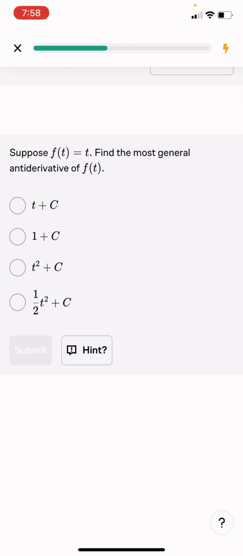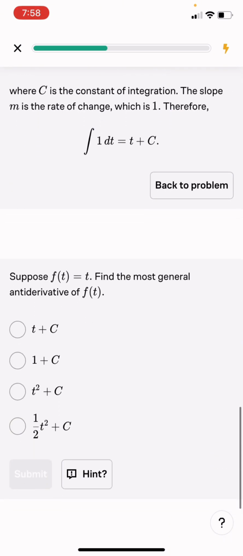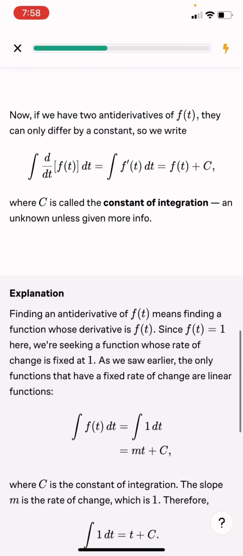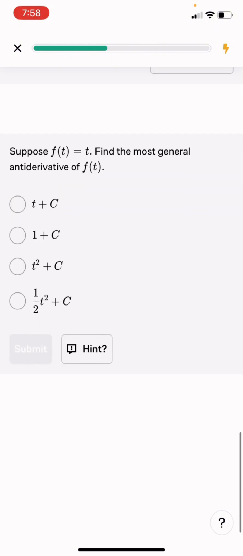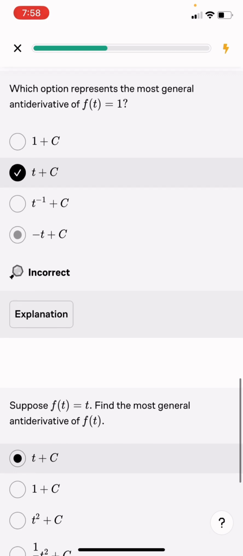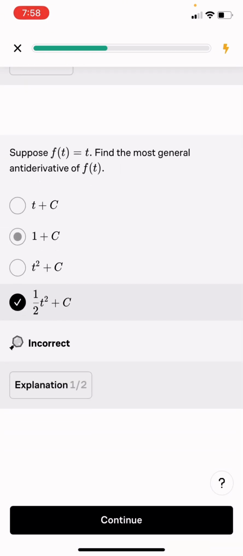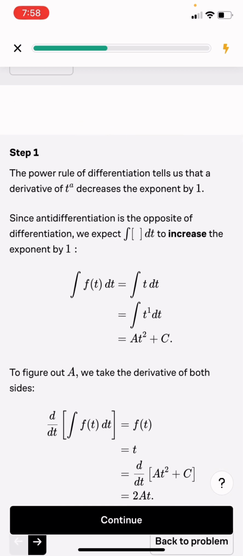Suppose f(t) equals t. Find the most general antiderivative of f(t). 1 plus C. But equals f(t). Wouldn't it just be the same? f(t) equals 1, or would it be opposite? Okay, I'll look at the explanation.